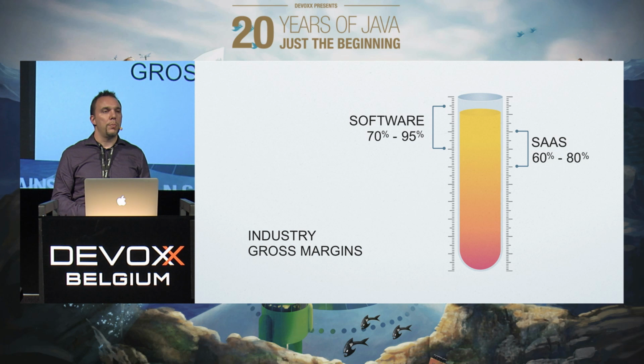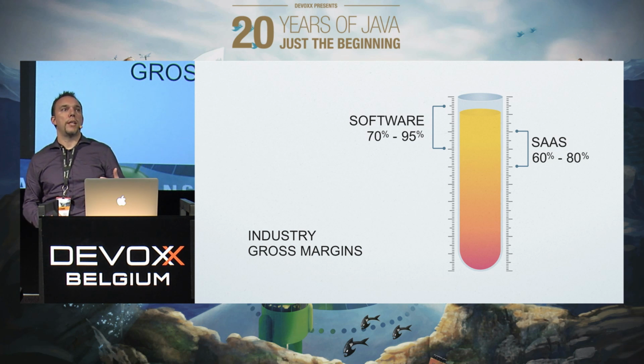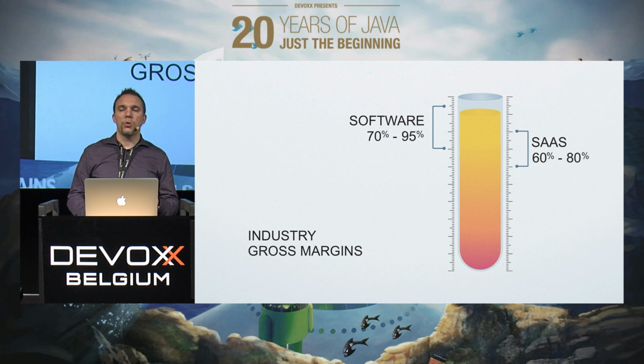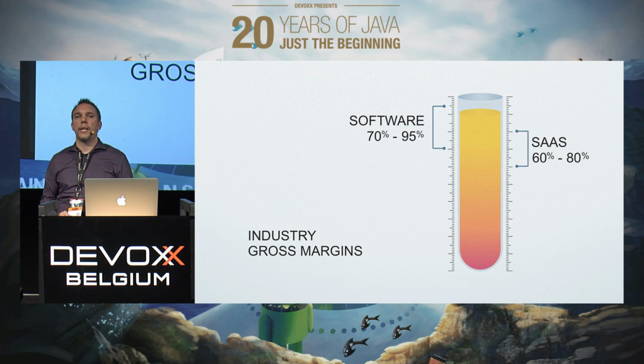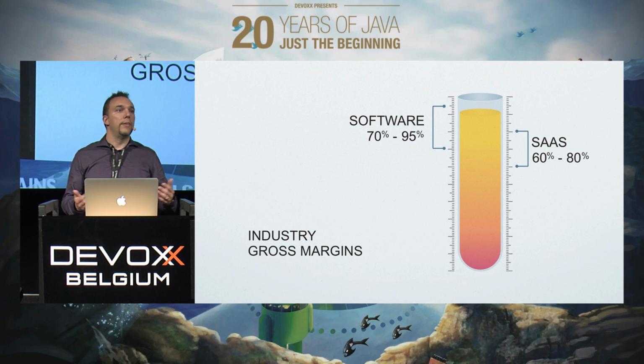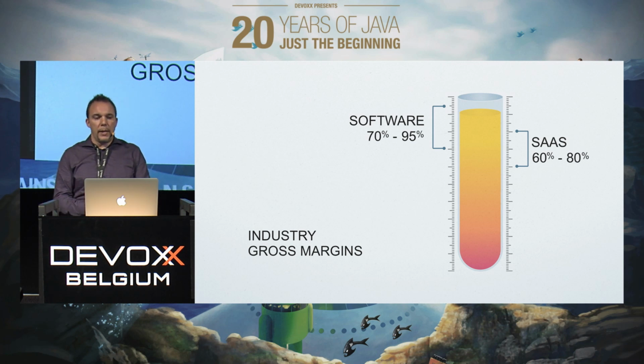A couple of other benchmarks in SaaS, software as a service and online business: cost of acquisition is one of these things that is extremely important. What is the cost to acquire a new customer? Hint, it should be as low as possible. Typically, they say that the lifetime value of a customer, so the amount of revenue you will get out of a customer, should be 3 to 4 times the cost of acquisition.